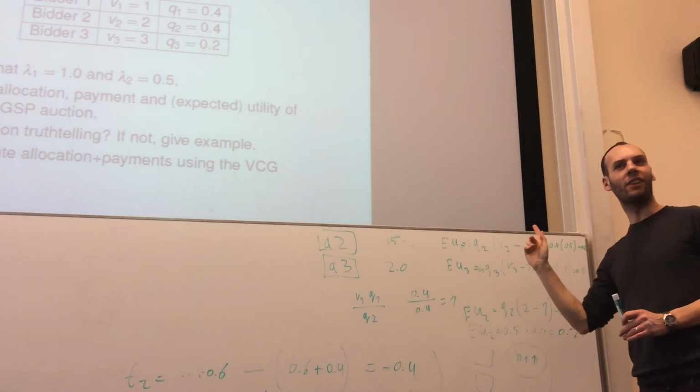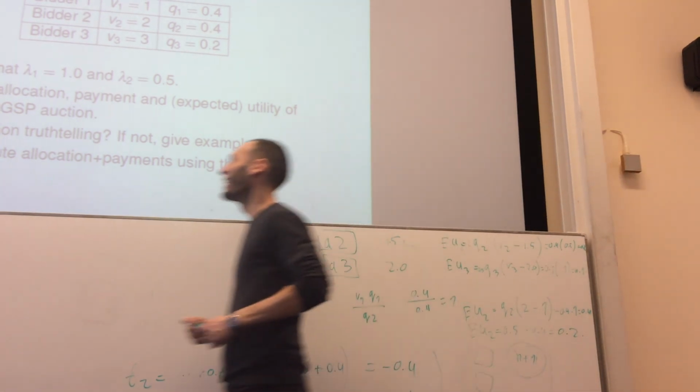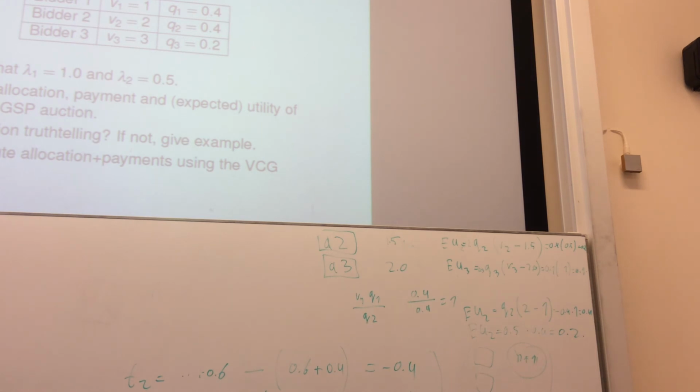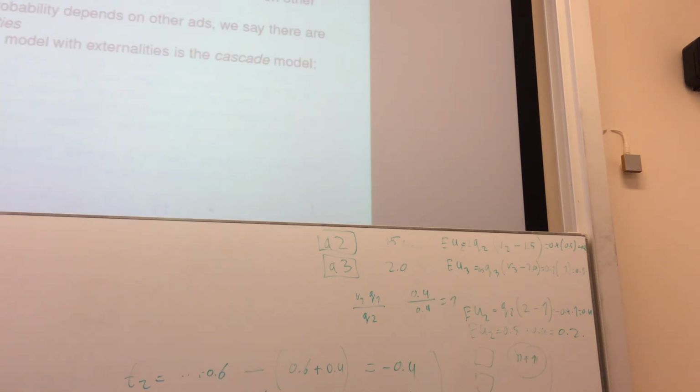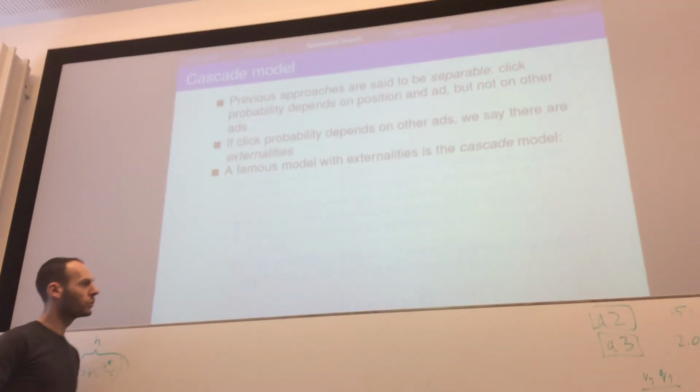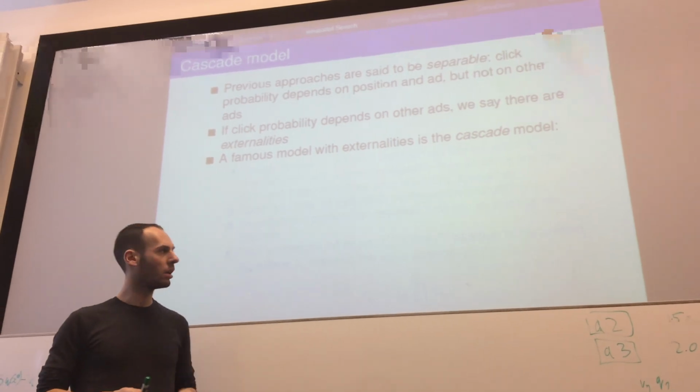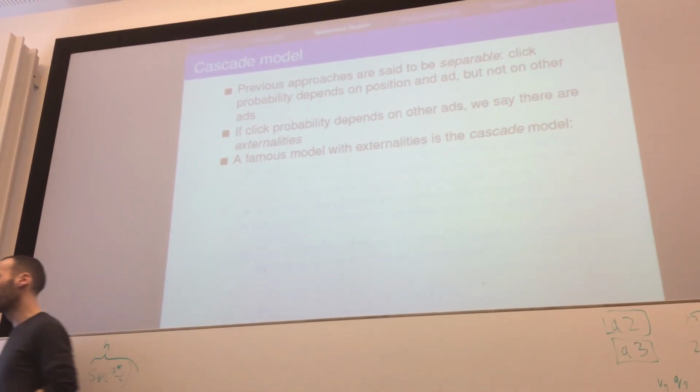Now, this is still easy. I don't have much time to do it in detail, but there's a very famous model in the literature, and we'll do that in more detail next time we meet on Thursday.